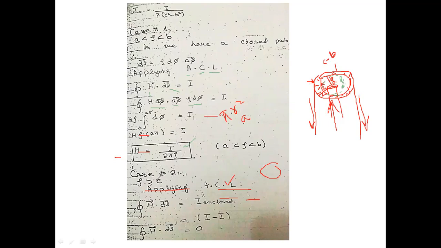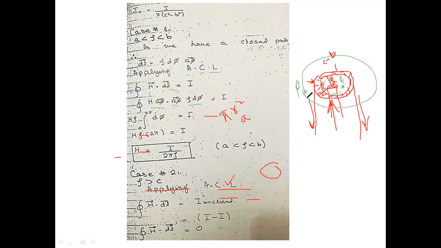Now if you have the point of observation greater than C, meaning the point of observation is over here, greater than C, we will consider a closed path.